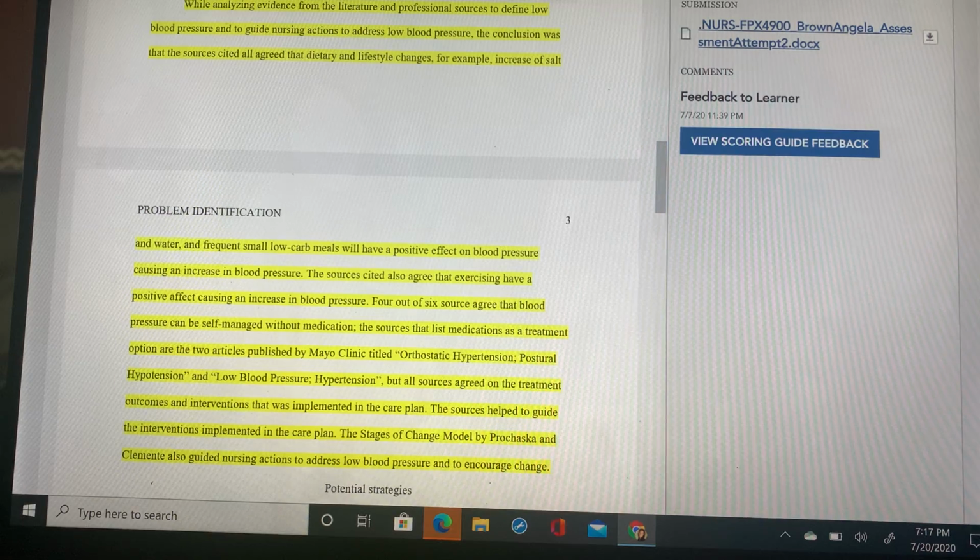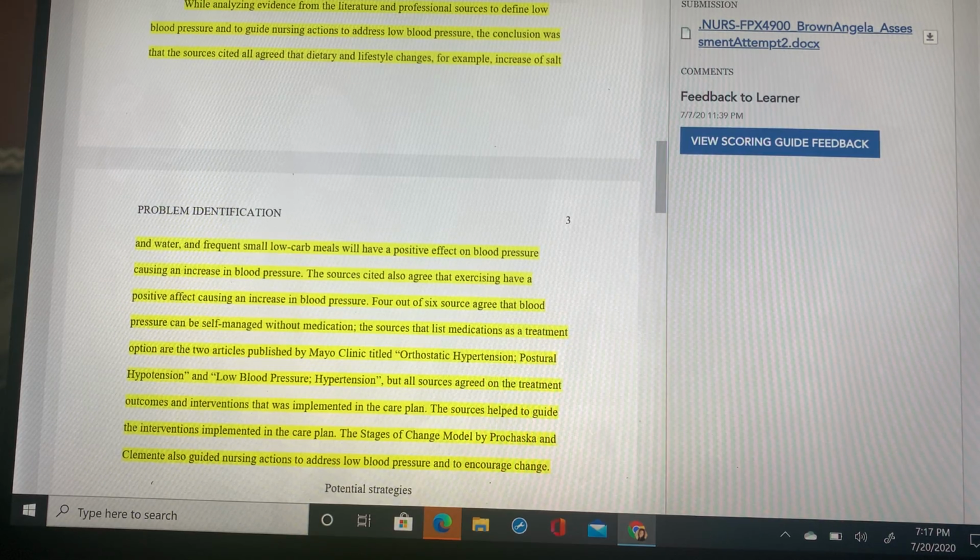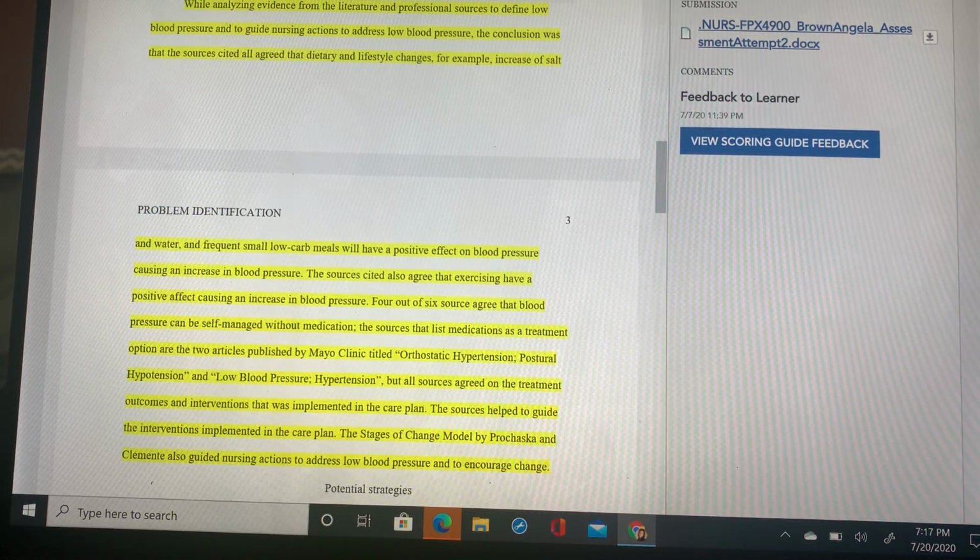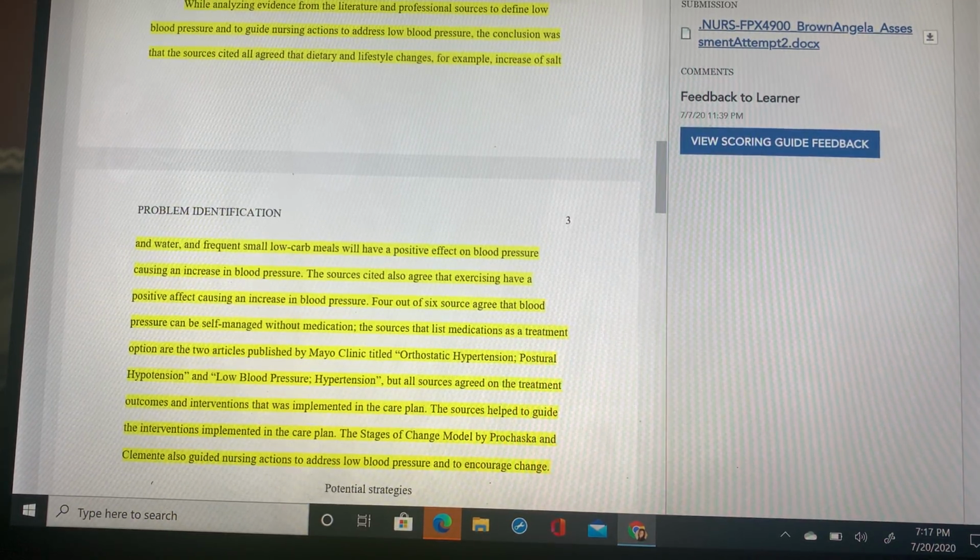But all sources agree on the treatment outcome and intervention that was implemented in the care plan. The sources help guide the intervention implementation in the care plan. The stages of change model by Prochaska and Clementi also guided nursing actions to address low blood pressure and to encourage change.